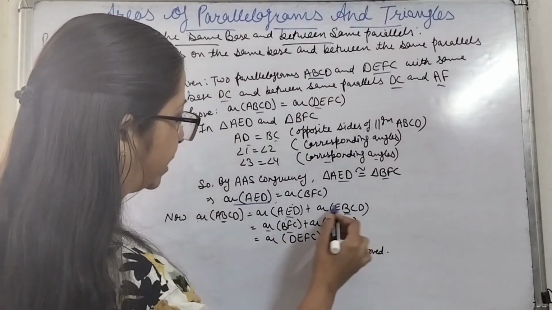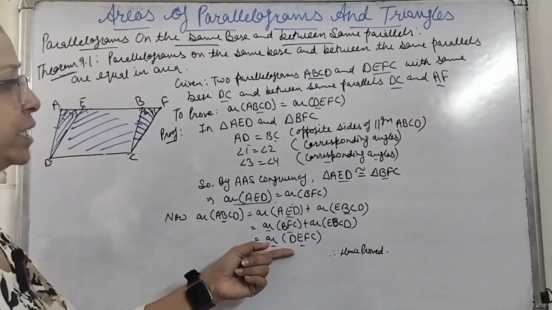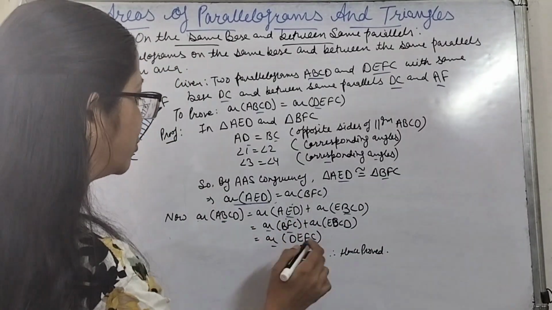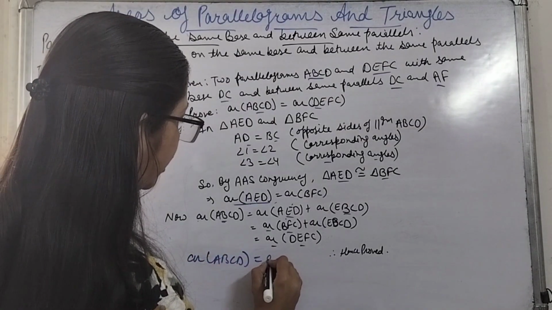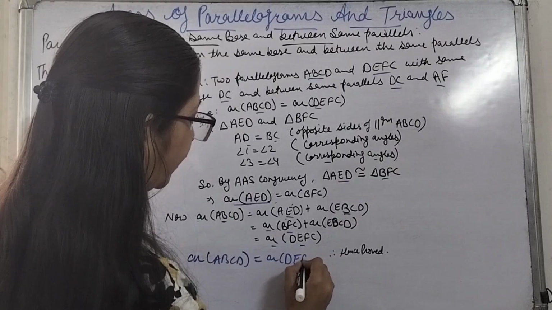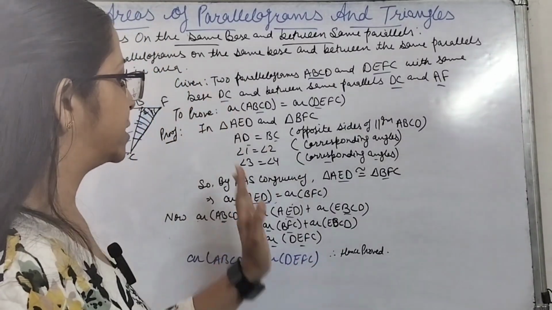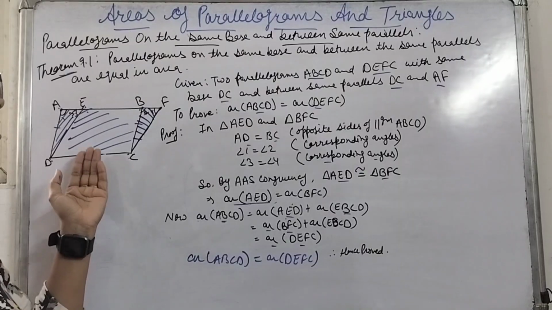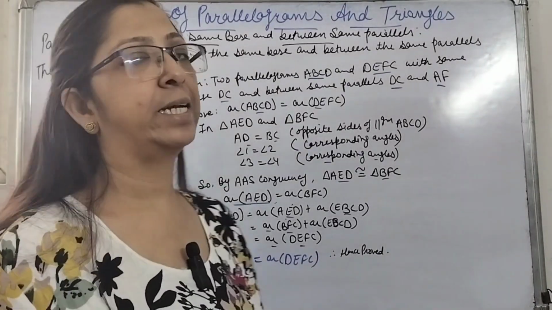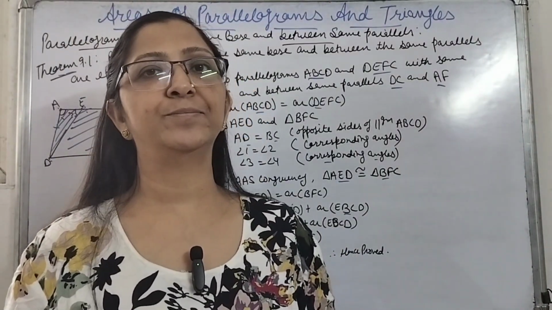So this could be written as area of parallelogram DEFC, and that was only to be proved, that area of parallelogram ABCD is equivalent to area of parallelogram DEFC. So this is how we can prove that if there are two parallelograms on the same base and between the same parallels, then their areas will be equal.